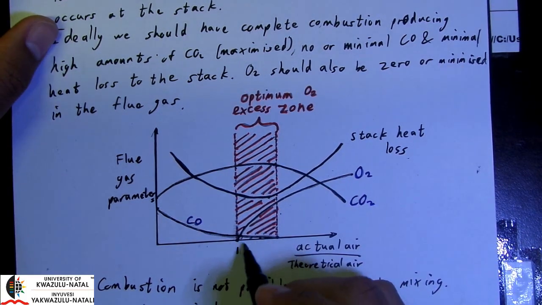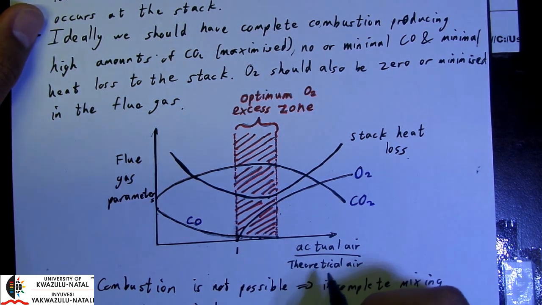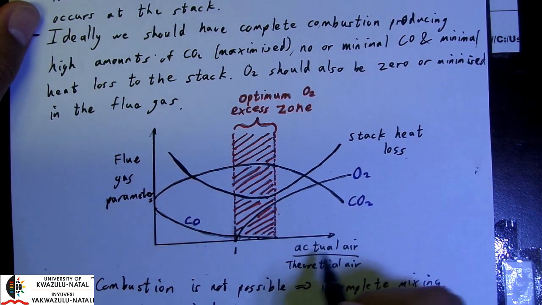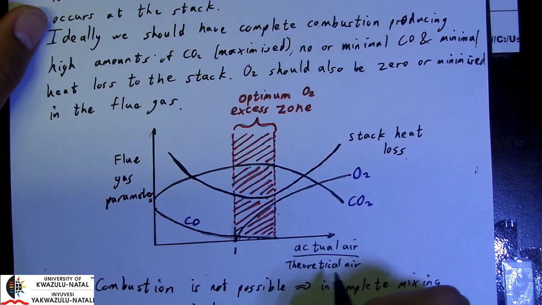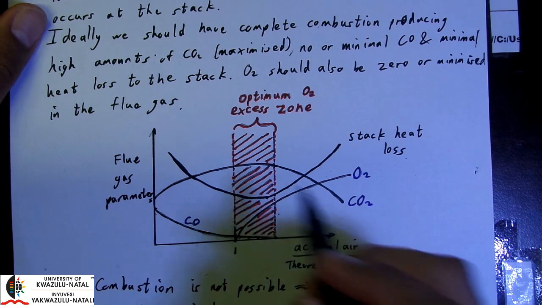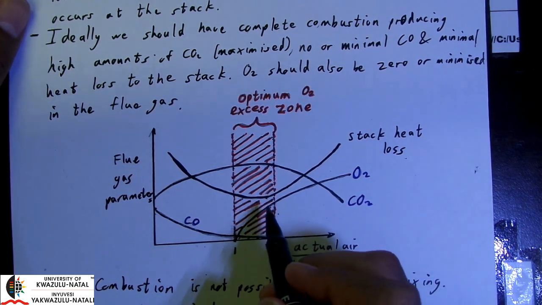Remember that it's quite difficult to obtain this value of 1 for actual air and theoretical air. And also, by inputting our actual air, we actually do not achieve what the theoretical results would be due to incomplete mixing. Therefore, we need to have a bit of excess oxygen coming in.